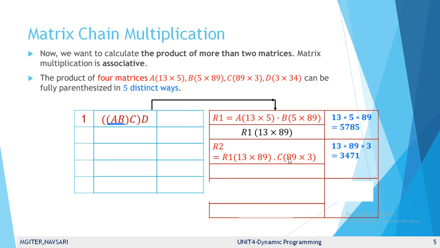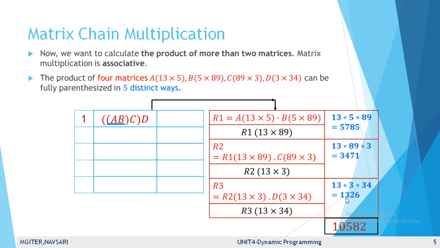Now R2, of dimension 13 cross 3, is multiplied with matrix D, of dimension 3 cross 34. The computation is 1326. So how much computation is required in total? Add 5785 plus 3471 plus 1326.